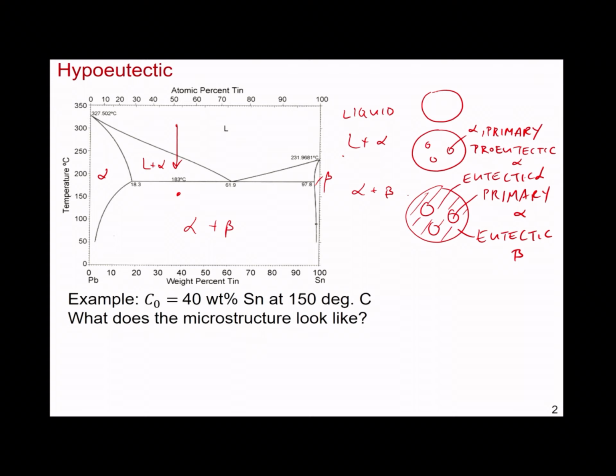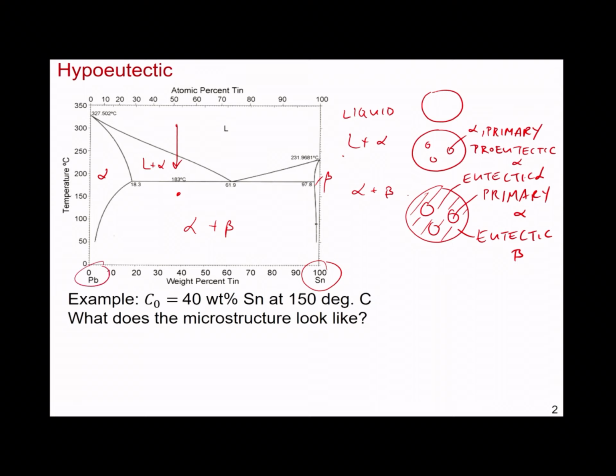Okay. So why does the stripe form? The stripe forms because as soon as you're at 184 degrees C, then you're at 183, and then all of a sudden you're at, let's say, 182. This happens relatively fast, right? So at one point you're above, and at one point you're right below the eutectic temperature. And when you go from some liquid to all solid, you're going to be diffusion limited, right? All these tin atoms, 40 weight percent of tin, have to go somewhere, and the balance of lead also has to go somewhere.